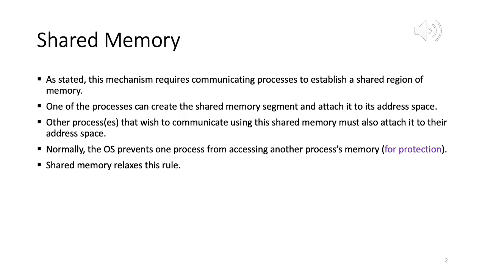So these are communicating processes, and we discussed a couple of mechanisms using which processes can communicate with each other. One of them is message passing, one of them is shared memory. And lastly, we talked about pipes. We saw that a pipe is a special kind of file that can be used for communicating data between separate processes.